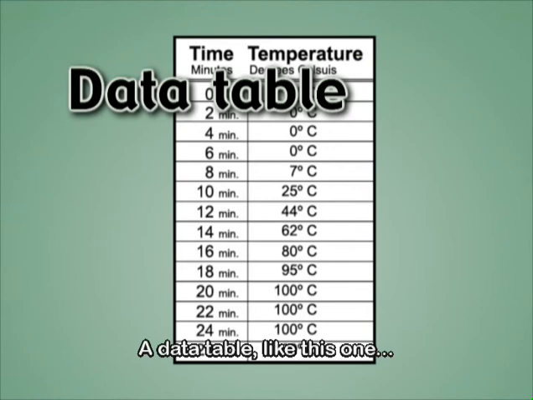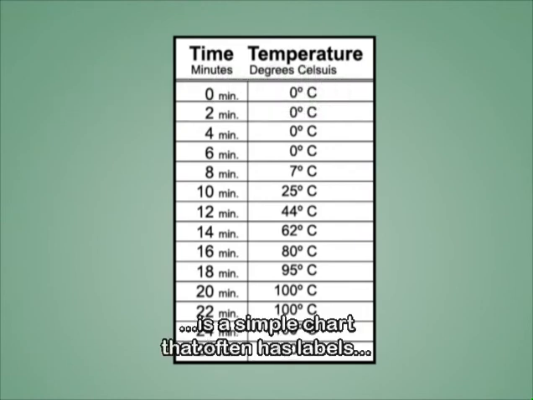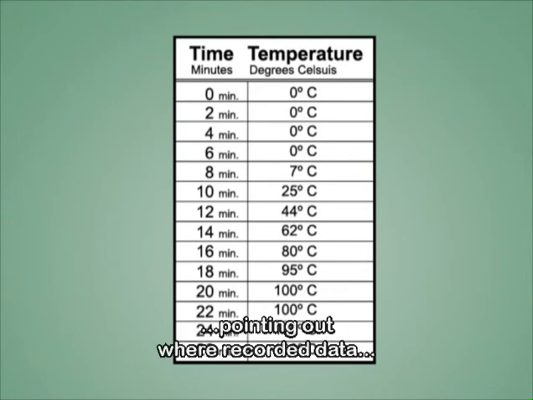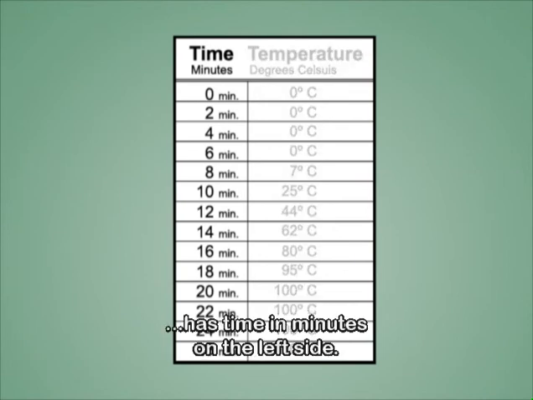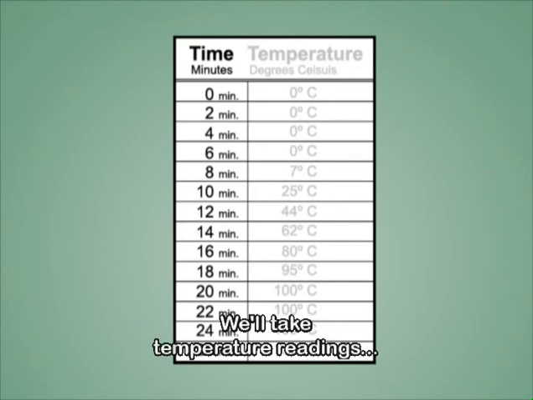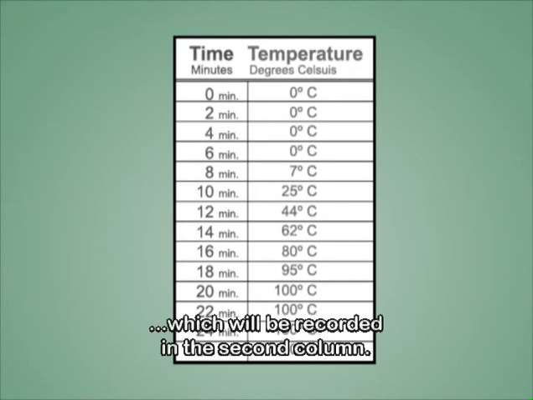A data table, like this one, is a simple chart that often has labels pointing out where recorded data should be logged. The data table for this experiment has time in minutes on the left side. We'll take temperature readings every 2 minutes, which will be recorded in the second column.